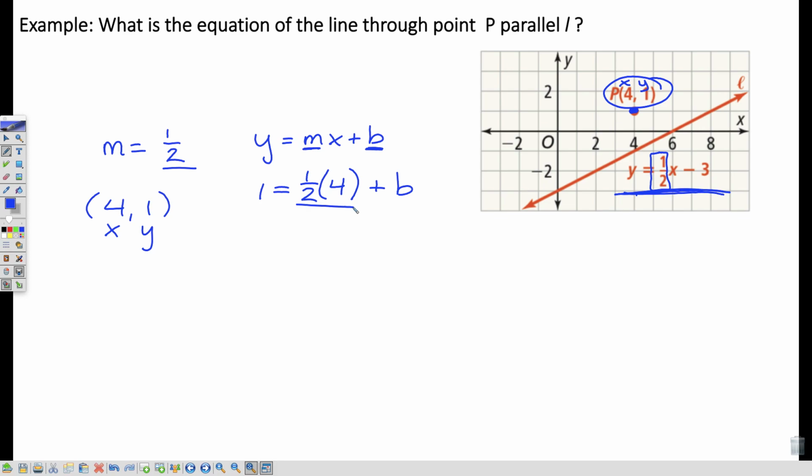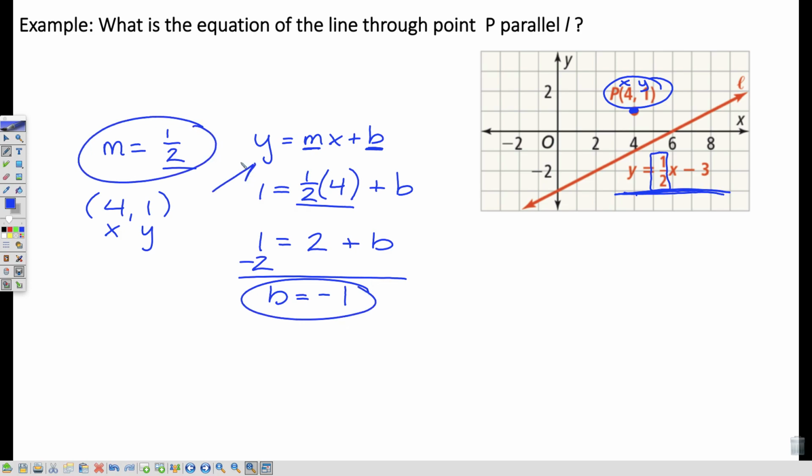2. And yes, you are going to have to deal with some fractions today. I'm sorry, I am not very good at that. And then I have to subtract 2. So what is b? -1. So now I have b and I have m. I plug them back in. So y equals, what's m? 1/2 x. And what's b? -1.